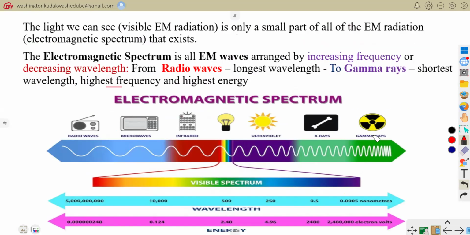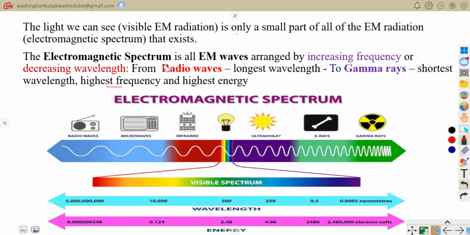Now, since we know almost everything about electromagnetic waves, from the examples that you have given, the most common example of electromagnetic waves is what we call visible light. But the light that we can see, which is visible electromagnetic radiation, is only part of all the electromagnetic radiation that exists.